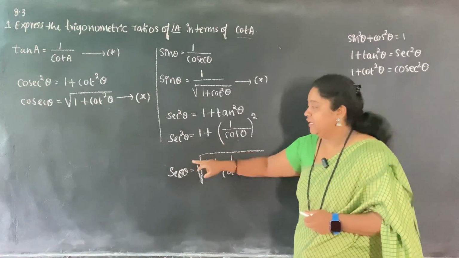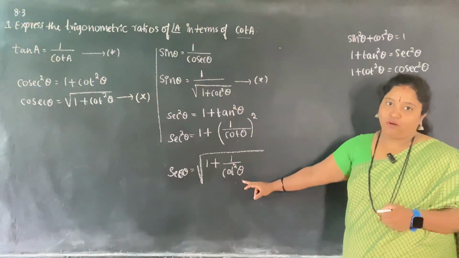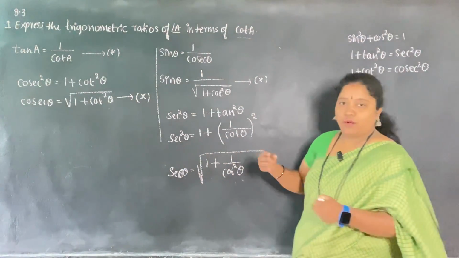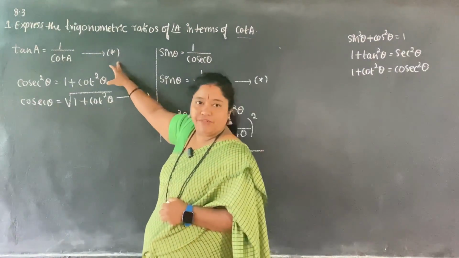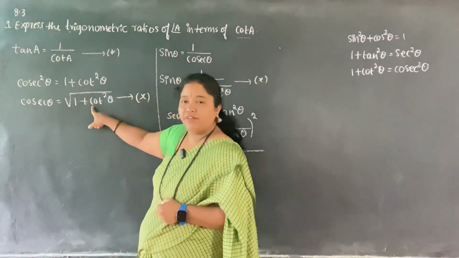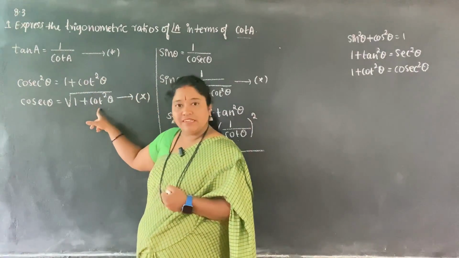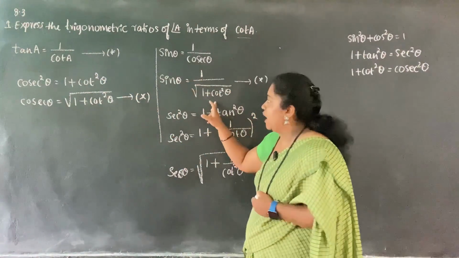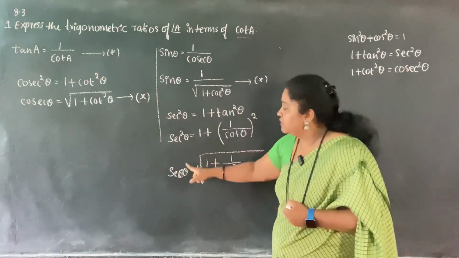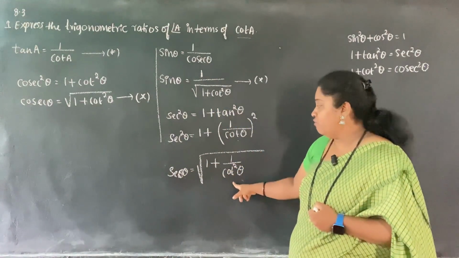This is the representation of sec in terms of cot. I hope you understood. Now tan we got, cosec we got, tan we have represented in terms of cot, cosec we have represented in terms of cot, sine we have represented in terms of cot, sec we have represented in terms of cot.